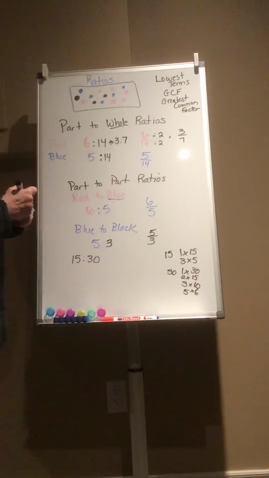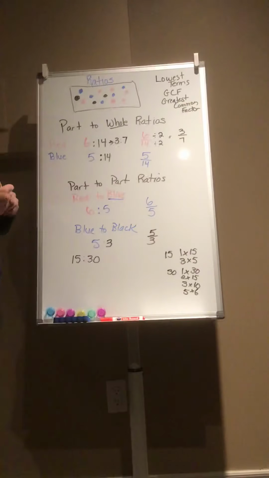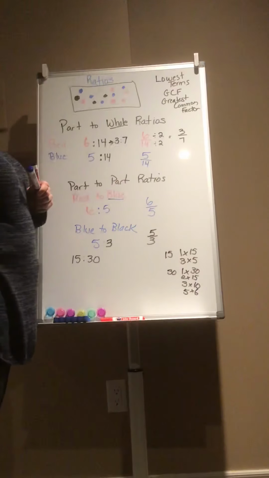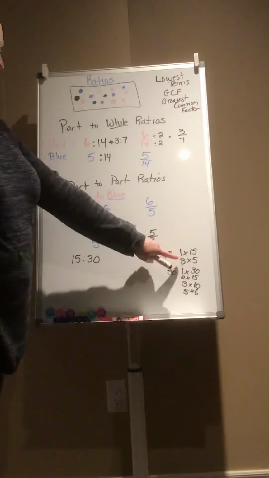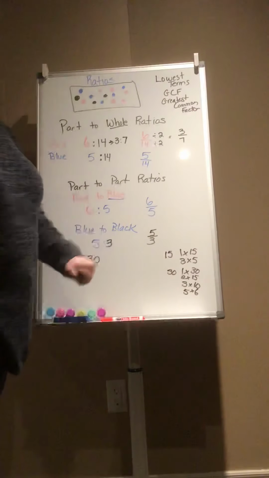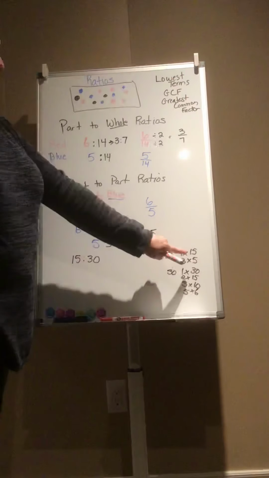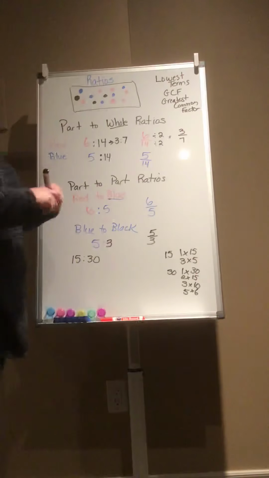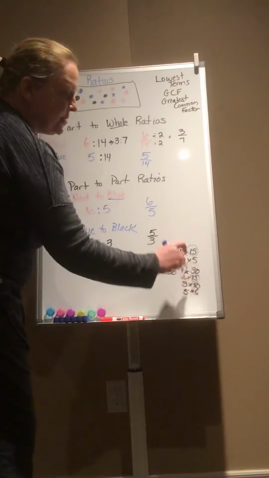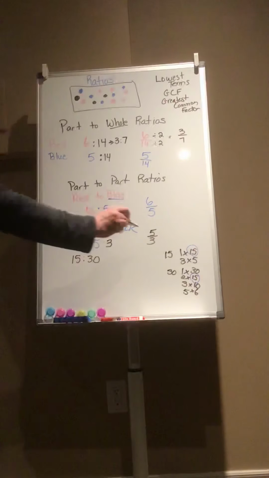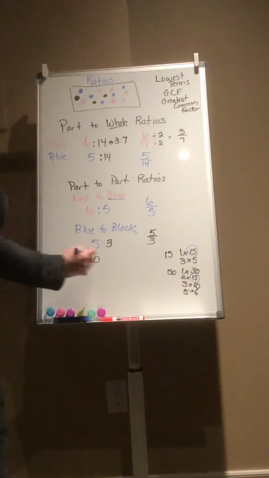So I look at these two sets of numbers, and I look for the greatest common factor. The thing I noticed in fractions is a lot of times you would find a common factor, so maybe you're going to choose 3 because it's in both, or maybe you're going to choose 5 because it's in both. But the true greatest common factor is 15, and I found a lot of people missed it if the factor was the number itself. So we're going to divide by 15.